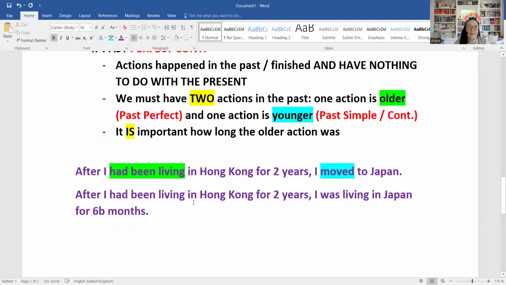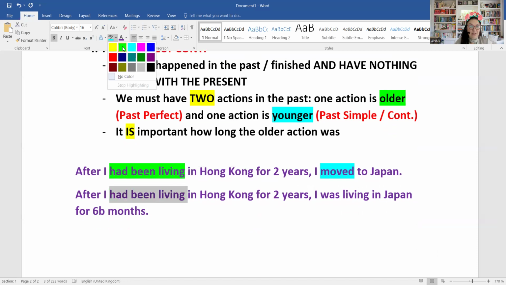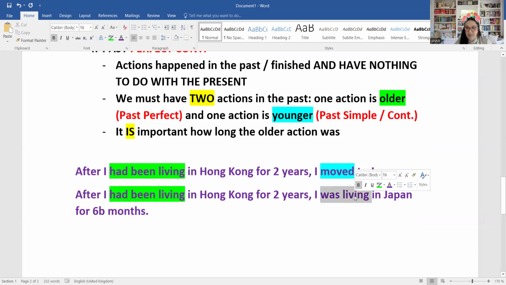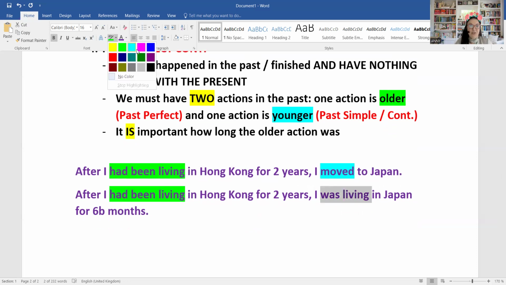Here we can see that both of these actions lasted for some time, and it is important how long. So we will put them both into past, both in continuous tenses.